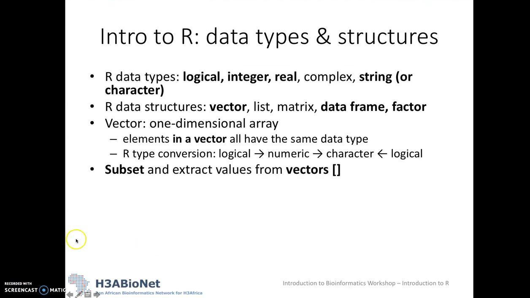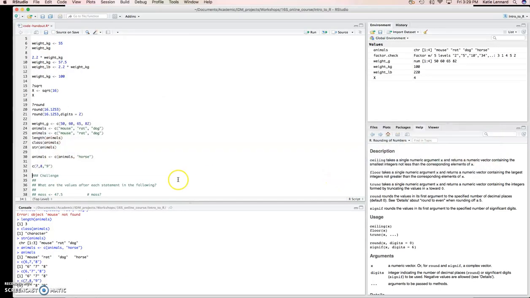So let's have a look at subsetting and extracting values from vectors. For this we use the square brackets in R. So don't get confused between the curved brackets and the square brackets. The curved ones are always for a function, whereas square brackets are always for subsetting.